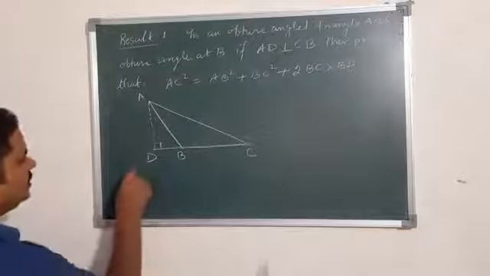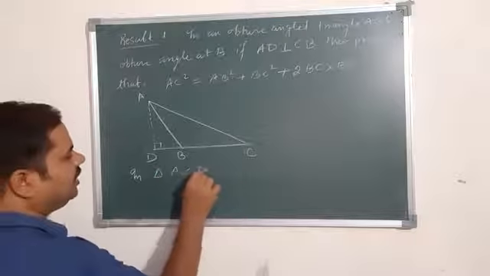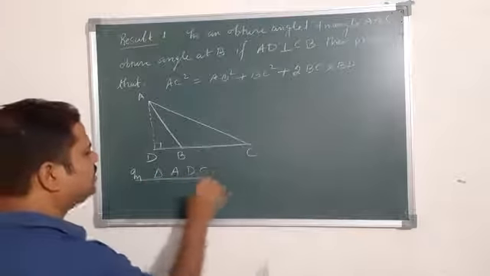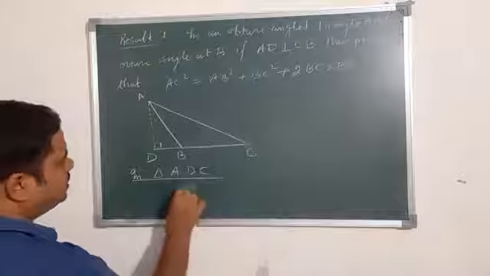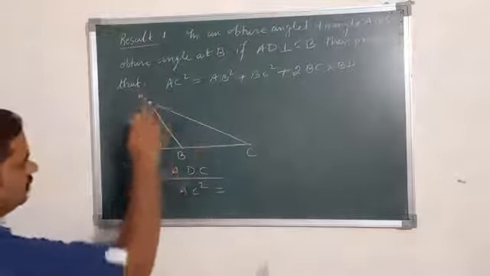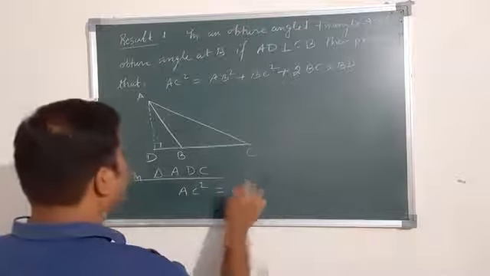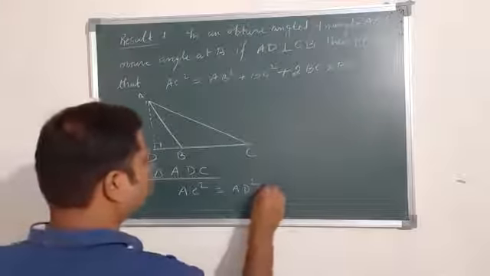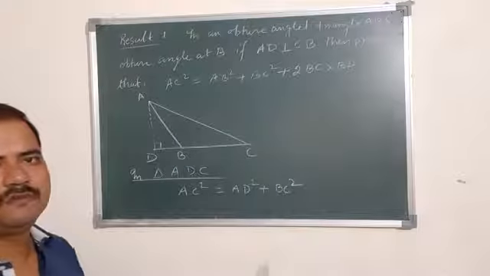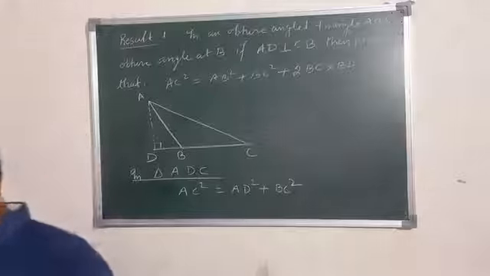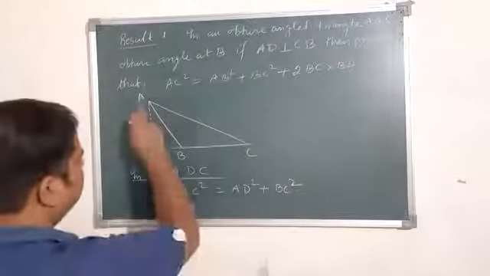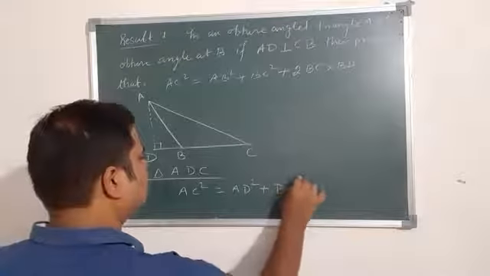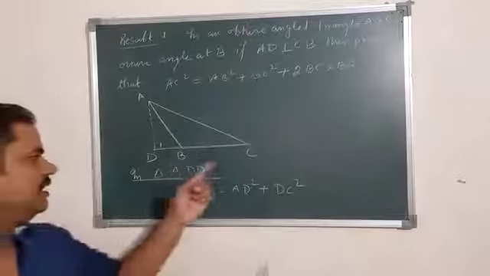So if we see triangle ADC, we have AC square is equal to AD square plus DC square.